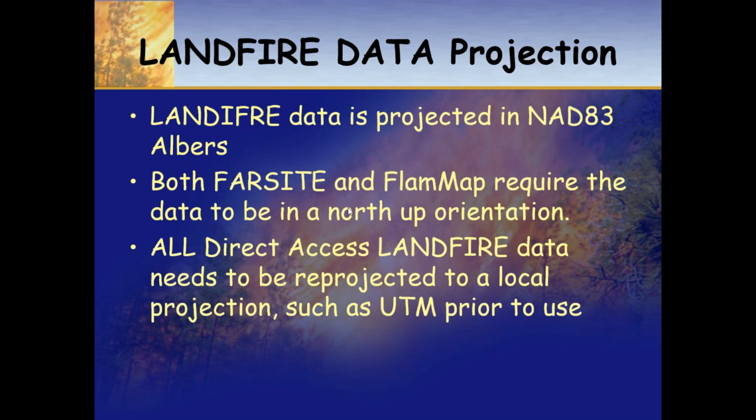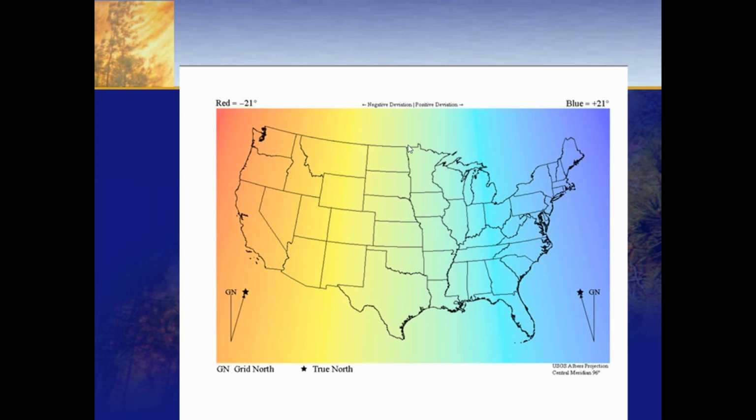And I find that people, when I talk to them about downloading Landfire data, they're not aware of this projection issue. And what it is that the native projection that the Landfire data is in comes in this Albers, CONUS Albers, which is centered on down the center of the U.S. basically. As you move further out to the west and further out to the east, your landscapes will become tilted and not oriented top north up.